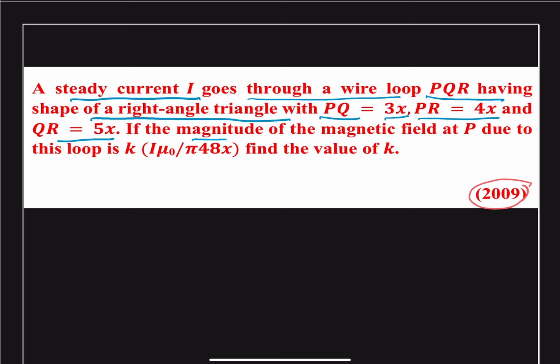If the magnitude of the magnetic field at P due to this loop is K times I mu naught by pi 48x, find the value of K. In this case, we have a triangle in the form of a right angle triangle, and it is right angled at P.